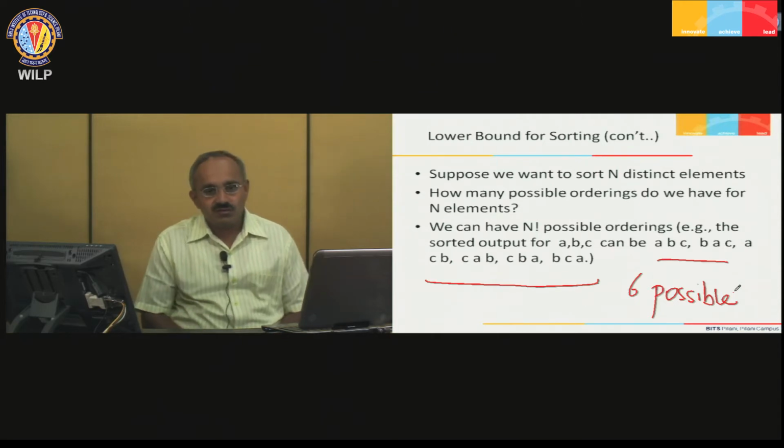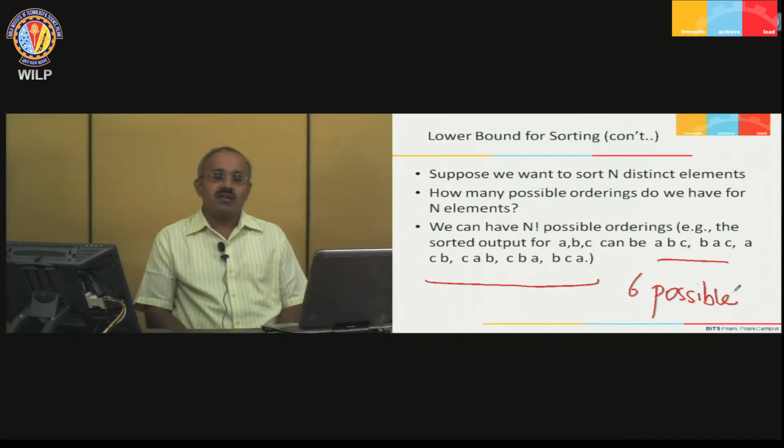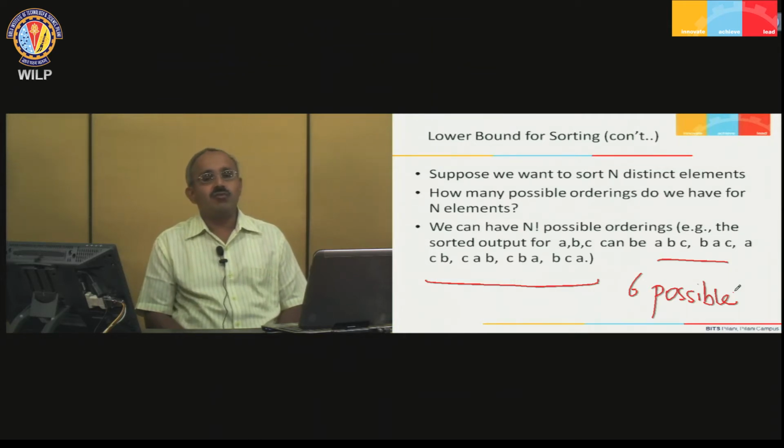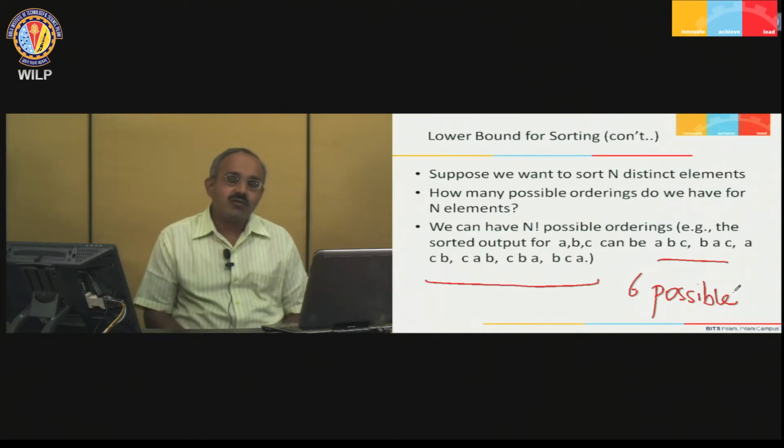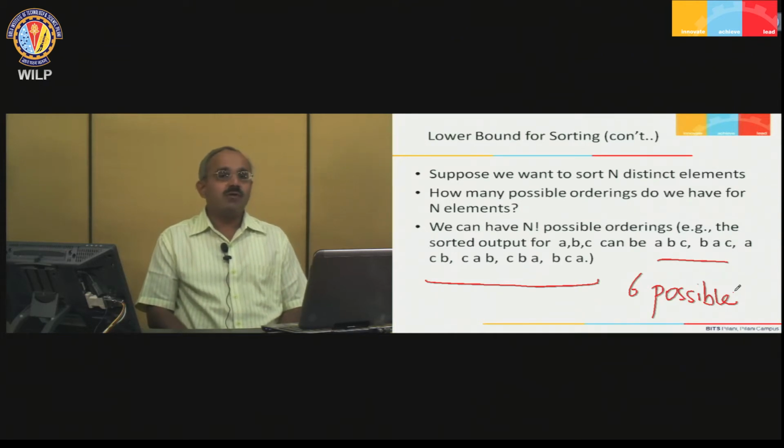With 3 elements, we can generalize this to n elements. So, if you have an n element sequence, there are n factorial possible orderings, and any one of these n possible orderings is a likely outcome. So, if the algorithm is correct, it should be able to handle any one of these possible outcomes.